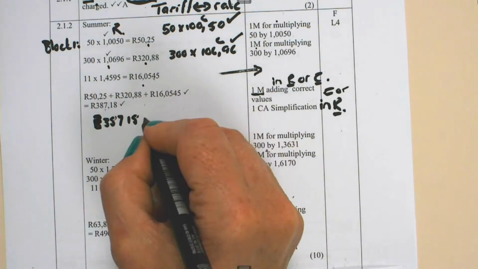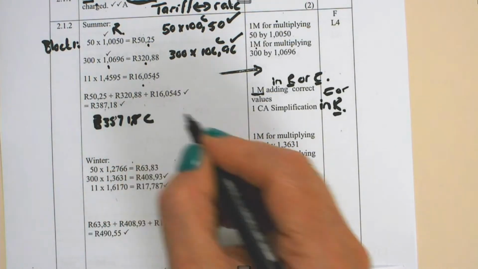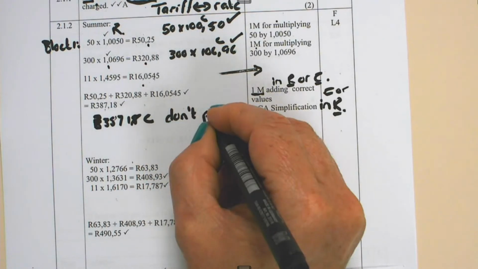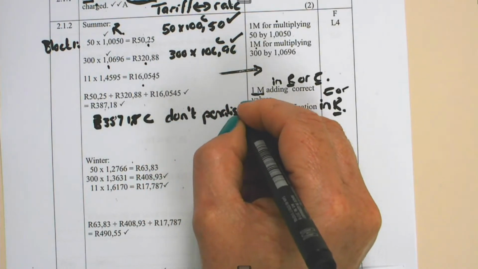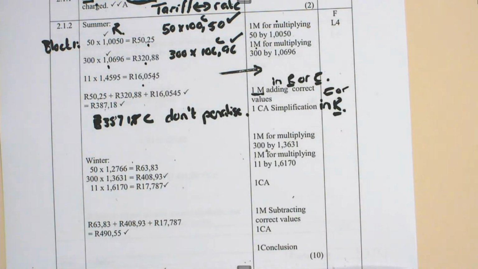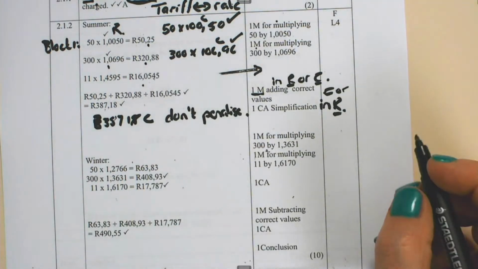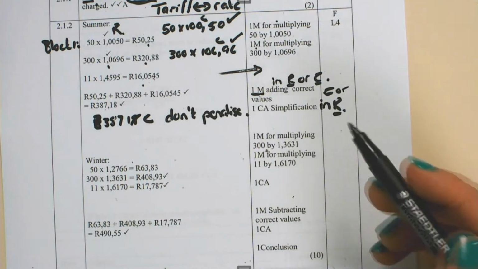Let's take the rand away. They make it like, say, so many cents. Don't penalize if they work in cents. Not yet, because there's nothing here which states that they must give the answer in rand. If they work in cent, no penalty. I'll write it now at the end.